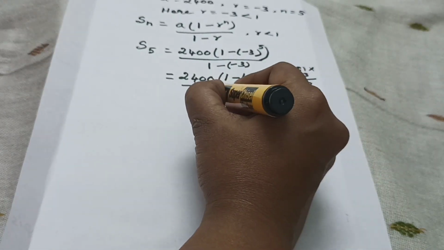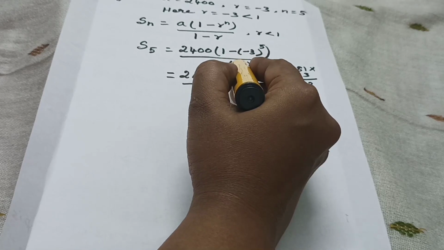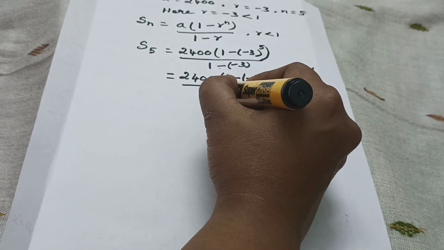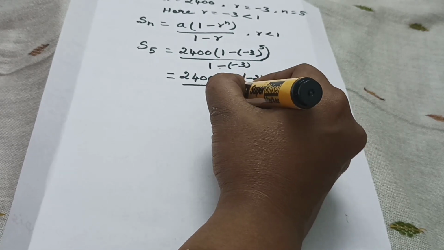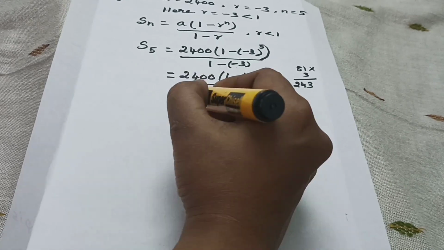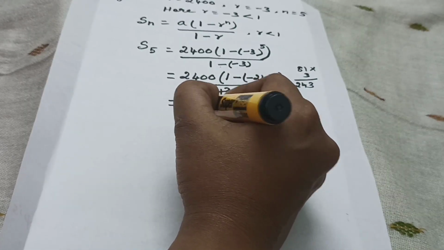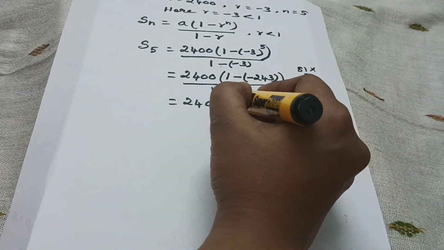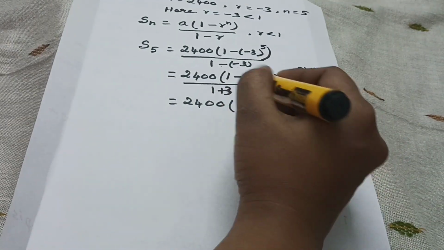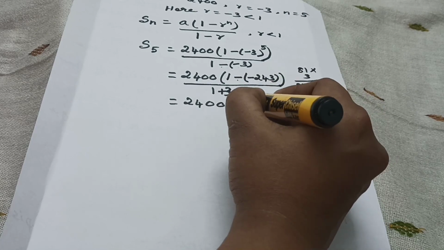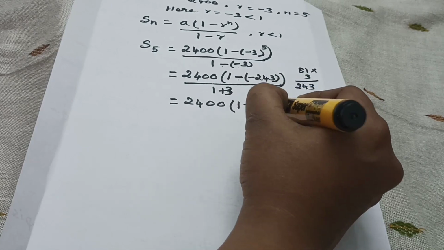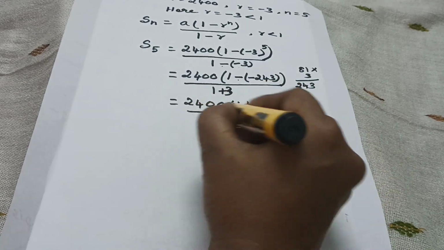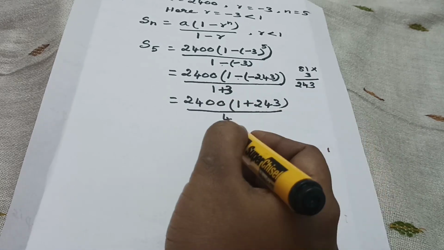Divided by 1 here, minus into minus is plus, isn't it? Then plus 3. Then equal to 2400 into, 1 minus into minus is plus, 243 divided by 4. Correct?